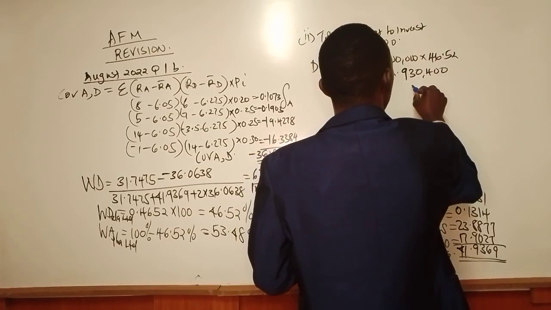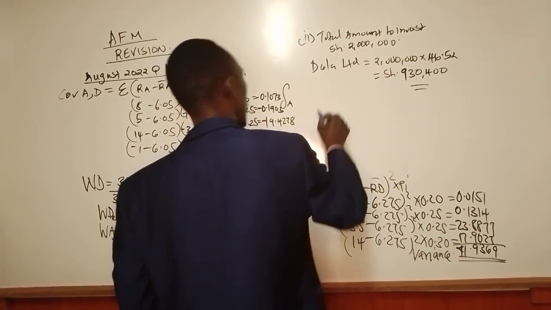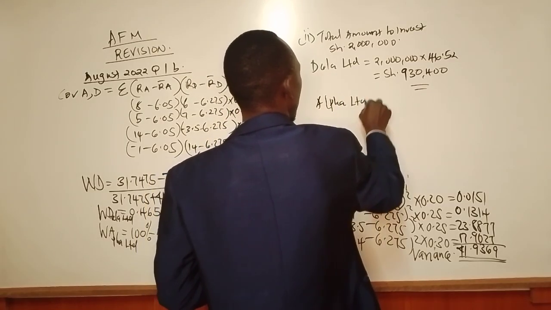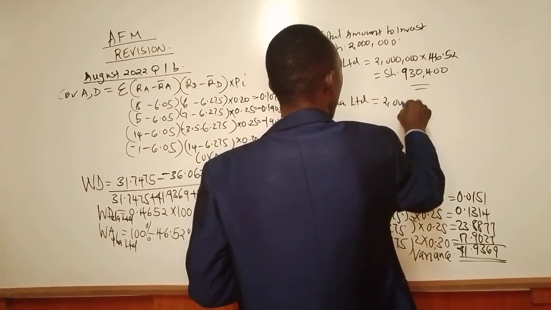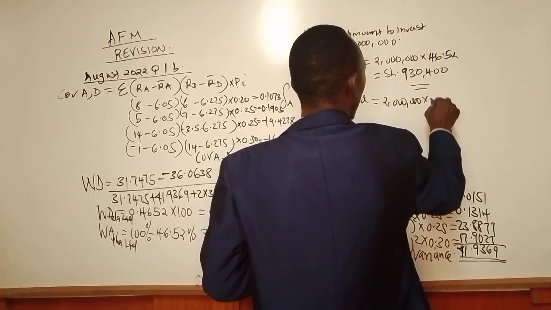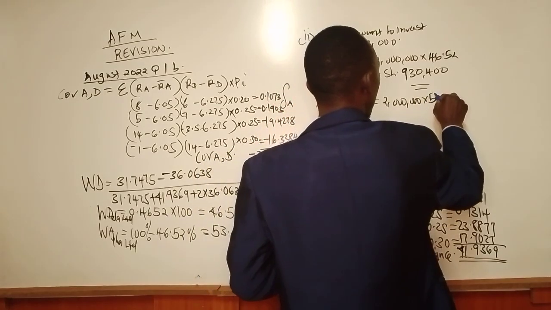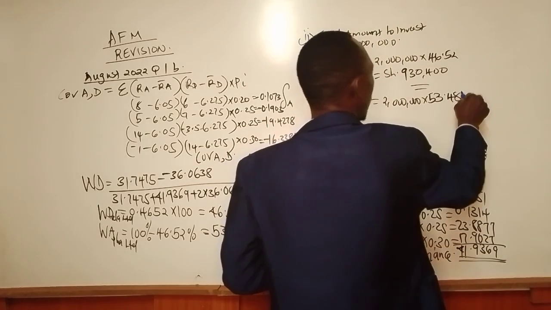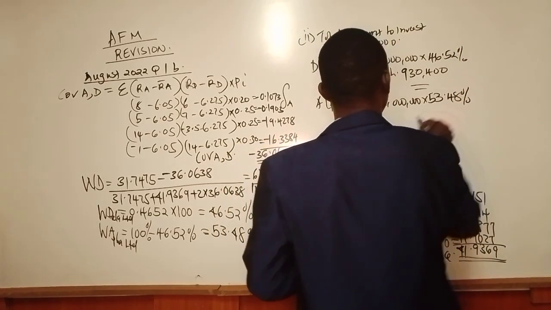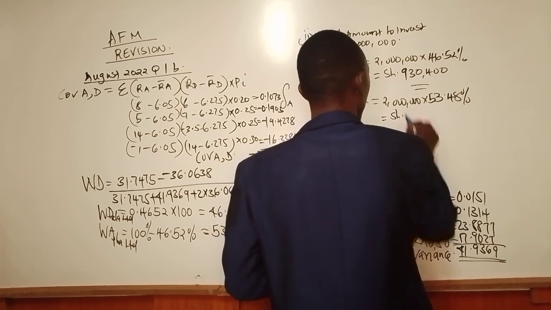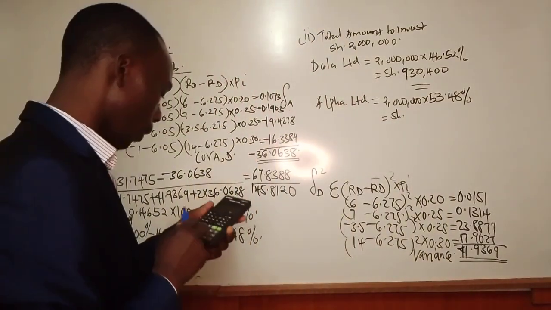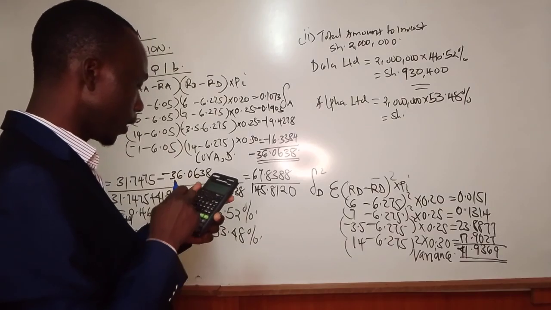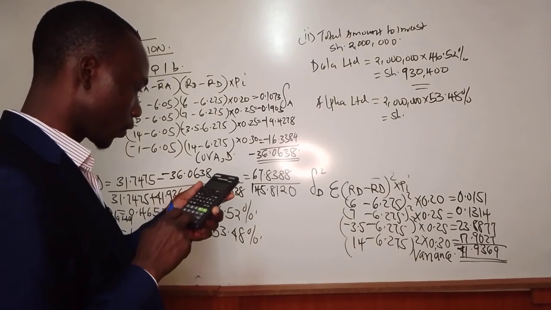So you will get 930,400. Then from there, let us see how much Alpha Limited will get. 2 million, then you multiply by 53.48%. So in this case, this one will get how many shillings? It will be 2 million times 53.48%.